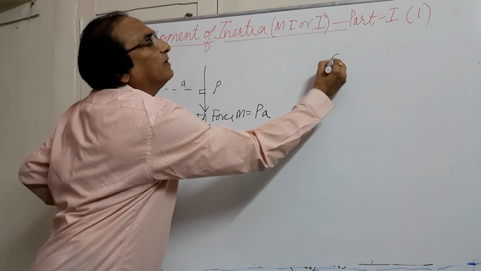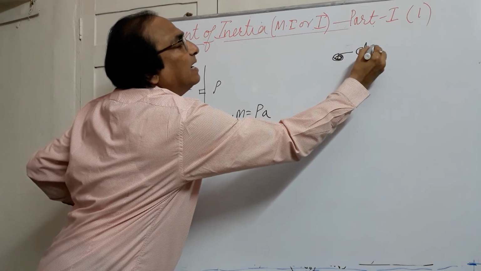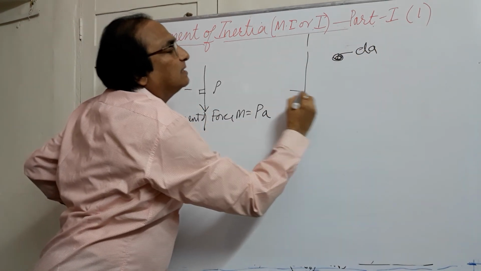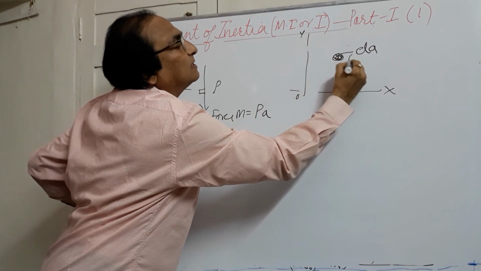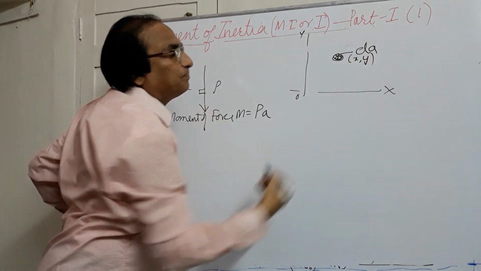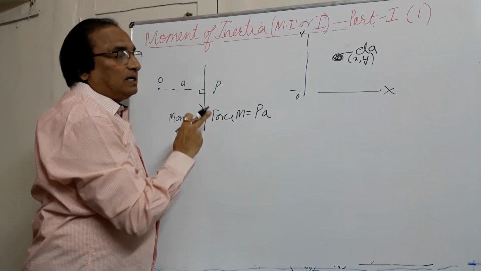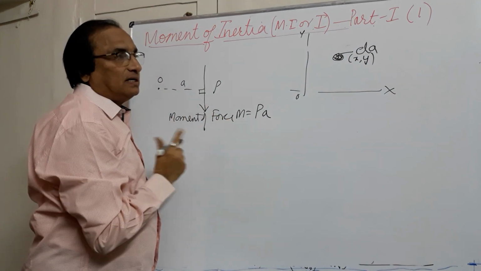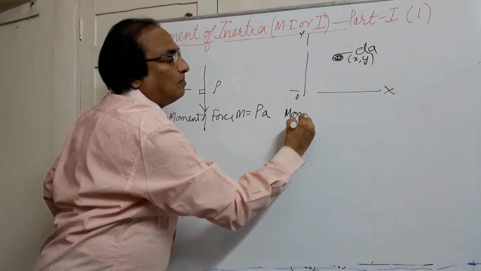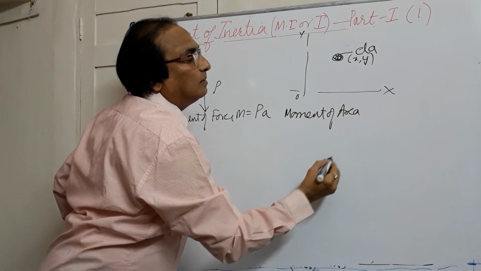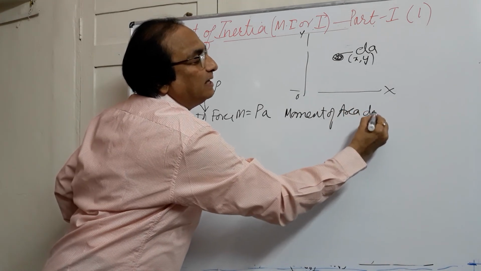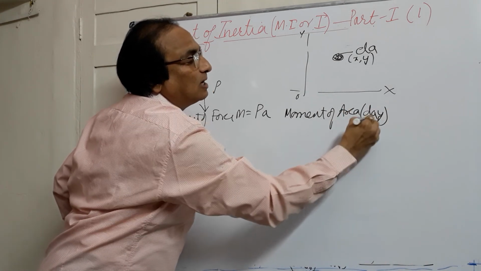On the same lines, if I take an elemental area dA, if I consider these axes x, o, y, if the coordinates of this is x and y, now moment of force is force into perpendicular distance. On same lines, moment of area will be dA and the distance will be y or x, whatever it is.